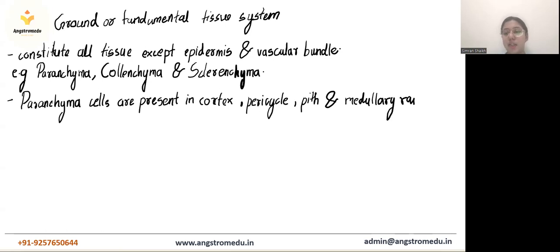The types of these structures you will learn further in the lesson. So these are where parenchyma cells are present, in primary stems and roots.